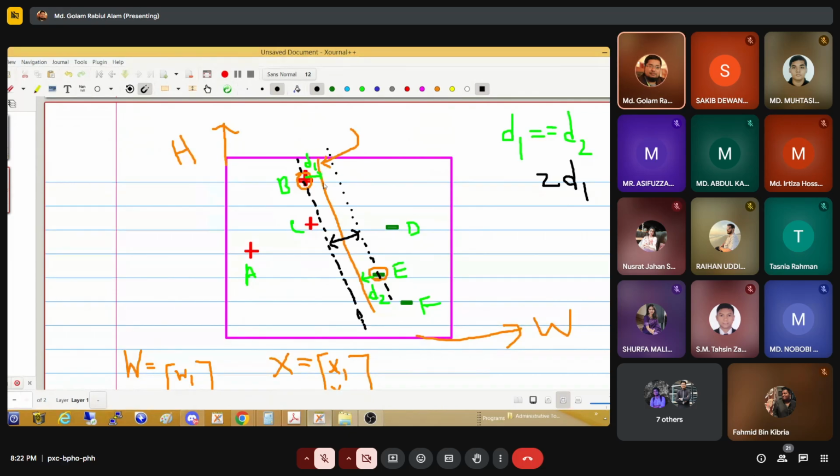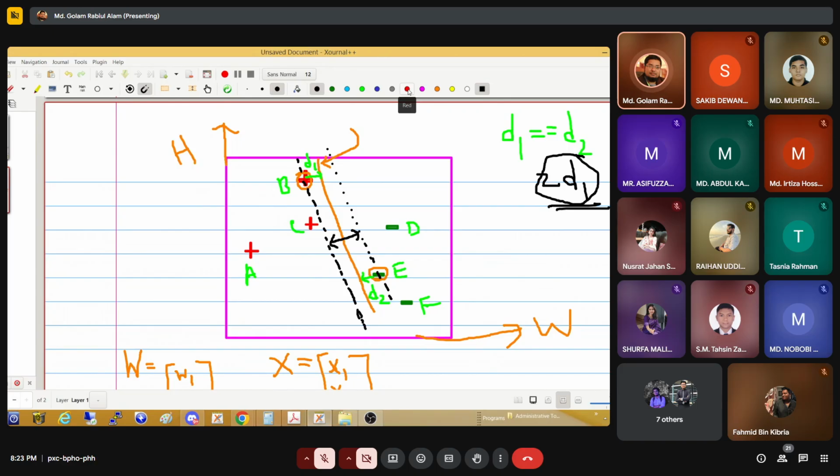We can draw the separator in this way, and for this case, the margin is 2d1. So can we draw our separator, or hyperplane, differently, so that we get a margin that is greater than this margin?